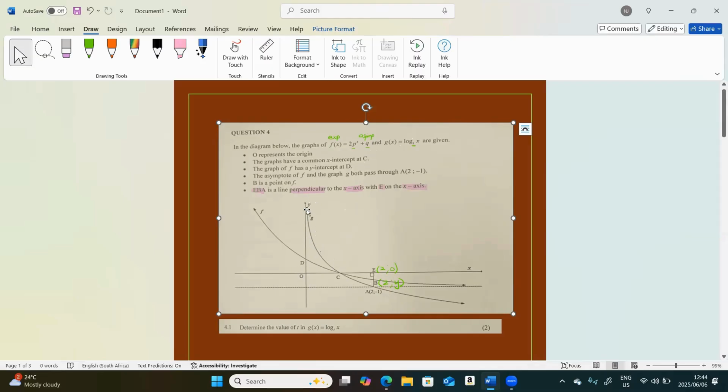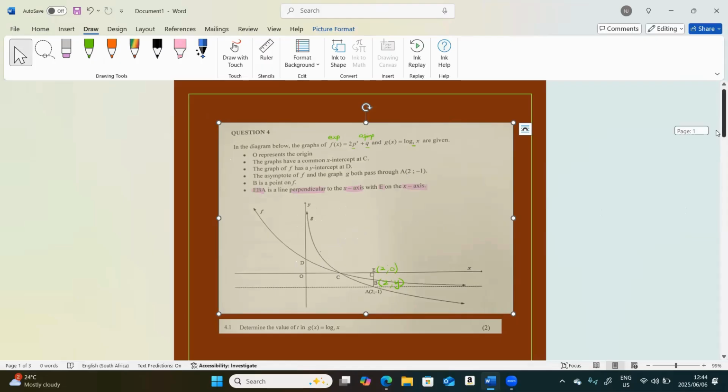So the vertical asymptote for the log function is the y-axis. As you can see, it moves closer and closer to the y-axis, but it will never touch or cross the y-axis, because the y-axis is the asymptote for the log function. Okay, so now that we have all of that, we can start answering the questions.